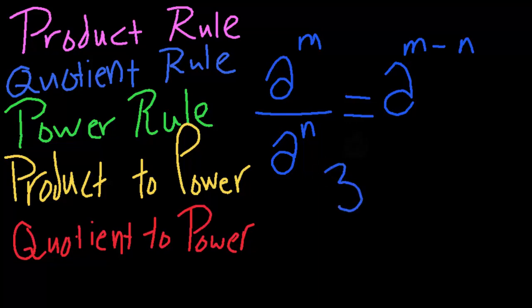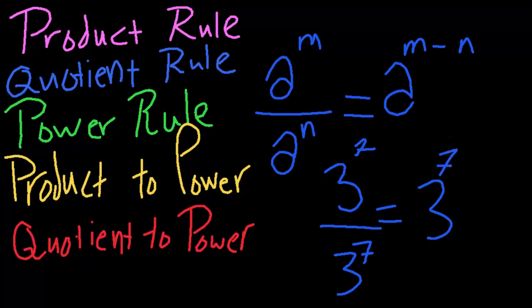If I had 3 to the 2, over 3 to the 7th, that's going to equal 3 to the 7th minus 2.